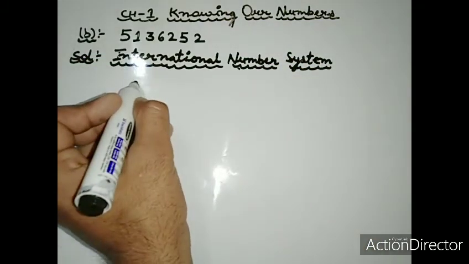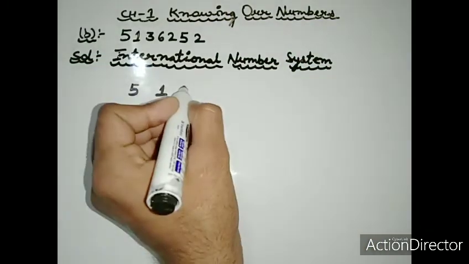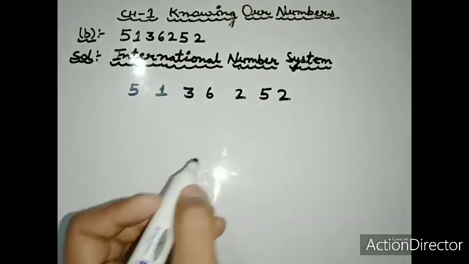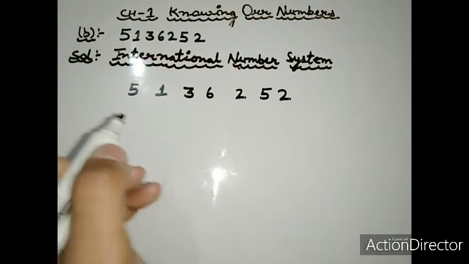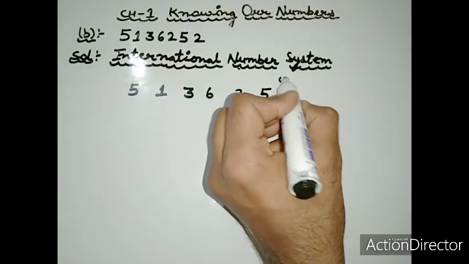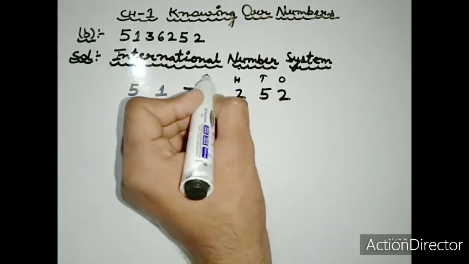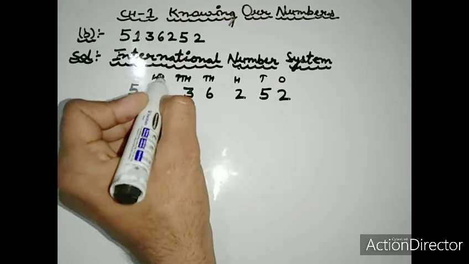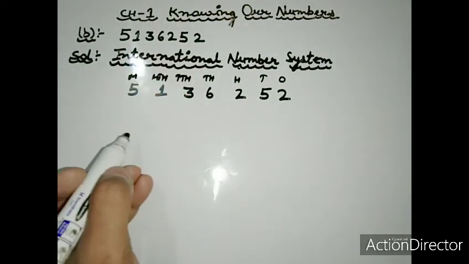Now first we write this number here, 5136252. Now we write the places of these numbers in international number system: ones, tens, 100, 1,000, 10,000, 100,000, million.